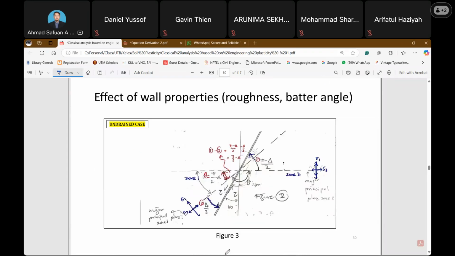Anything that changes in the Mohr circle, we should divide into two, as I mentioned before.